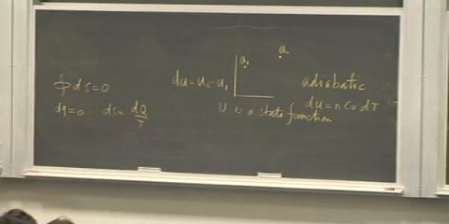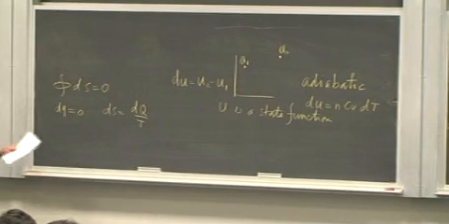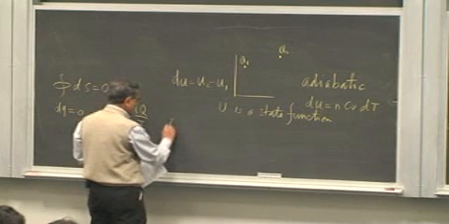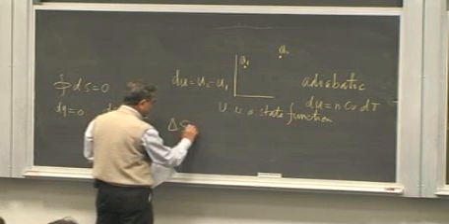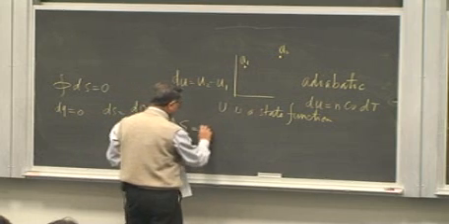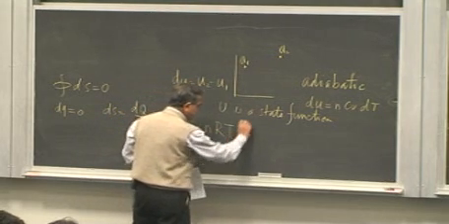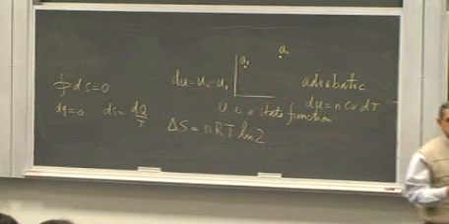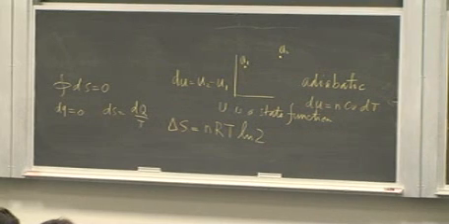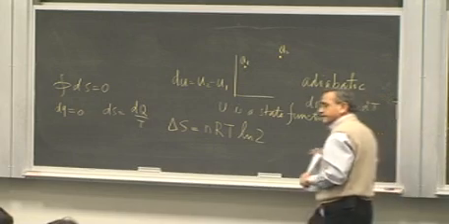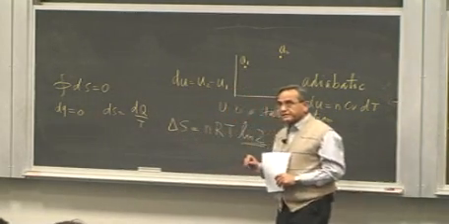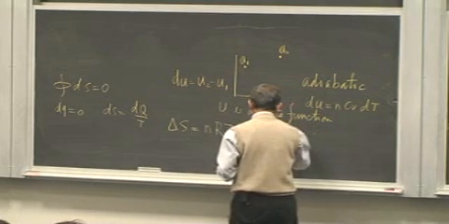The result we got last time was very significant, and the consequences of this we will discuss later on. It was nRT times log 2. This was the expression we derived last time, and this log 2 was a result of expansion.